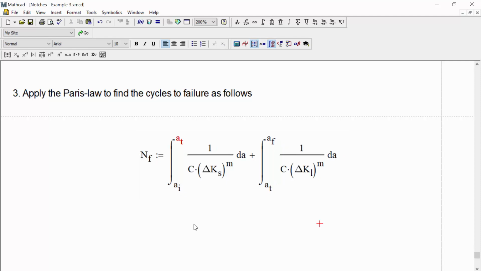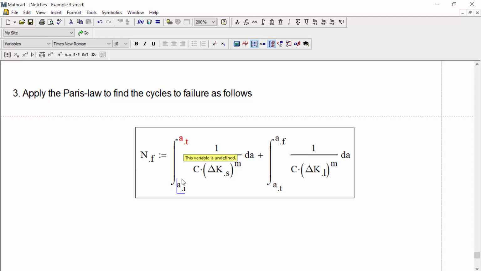Both of these are going to be integrated over their respective ranges.